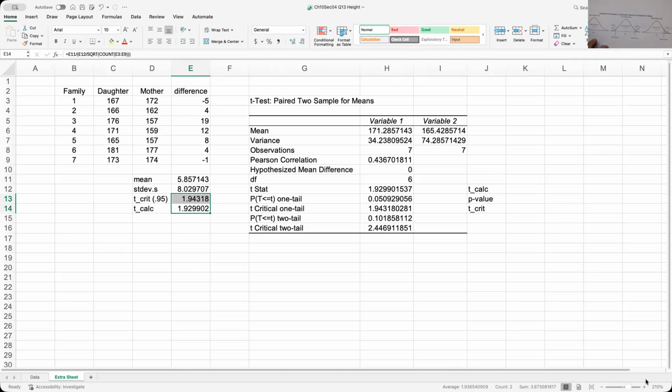You can't see that because I still have Excel showing. There's a picture. Where's the rejection zone for a one-tail test? The right tail test. So I need to know if the critical value is smaller than the calculated value.